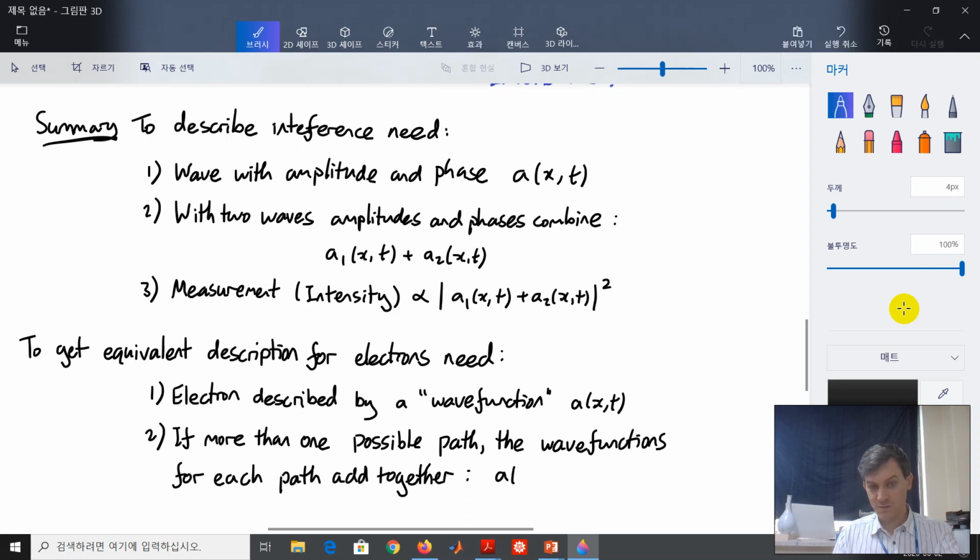Okay, just as above. So if we have two slits open, then the wave function for the electron is the sum of the wave functions for it going through the first slit and for the second slit, like this.